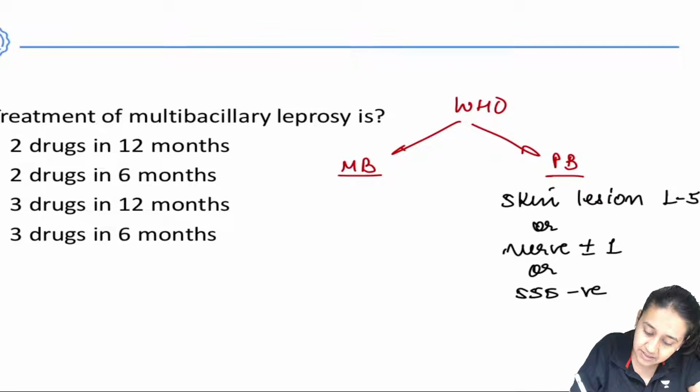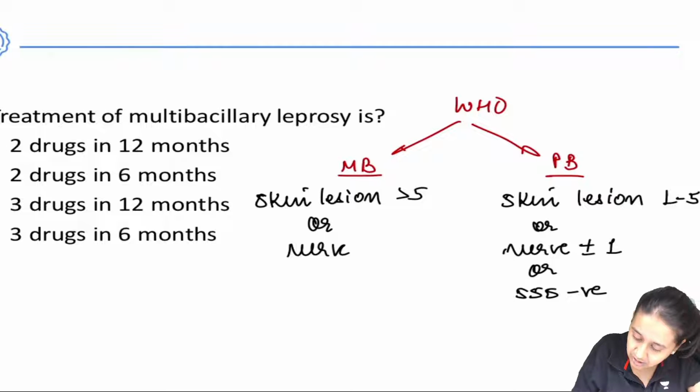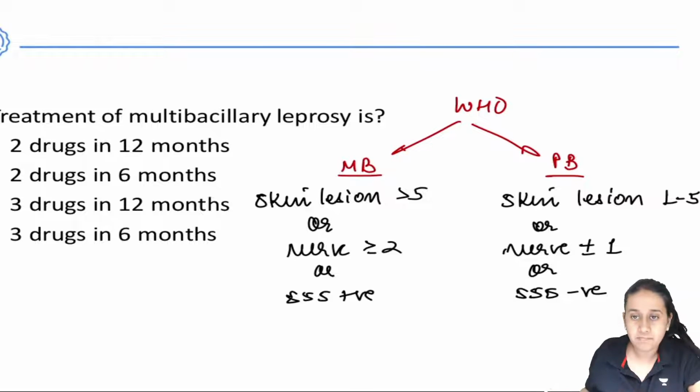While multibacillary means skin lesions more than 5, nerve involvement of more than or equal to 2, and slit skin smear positive.